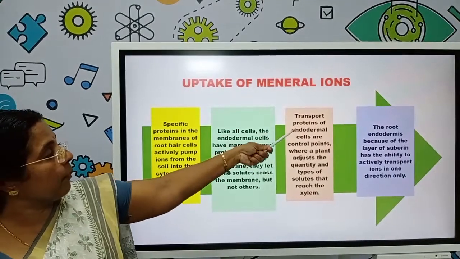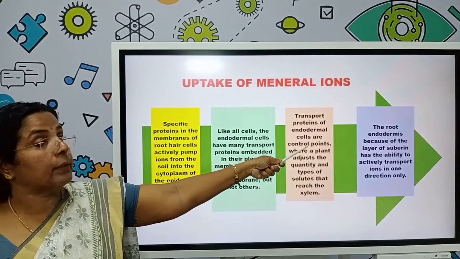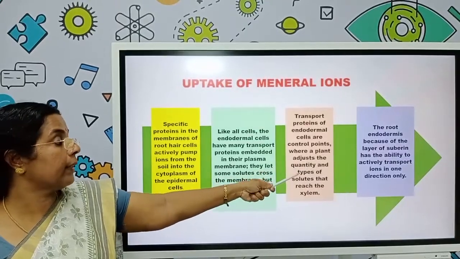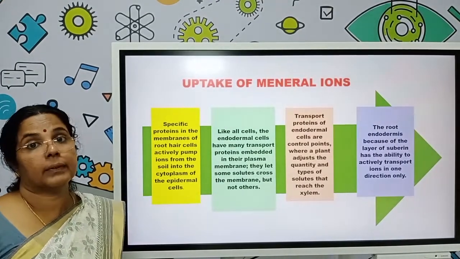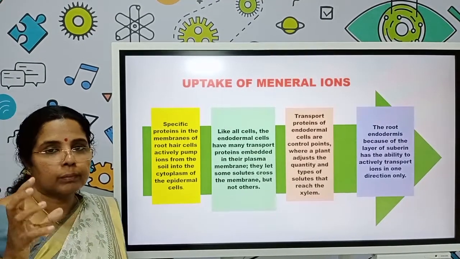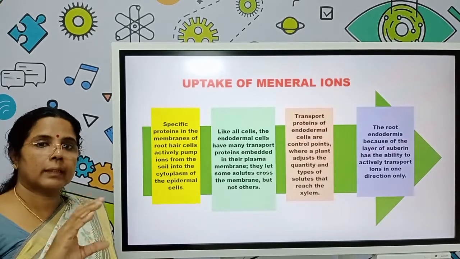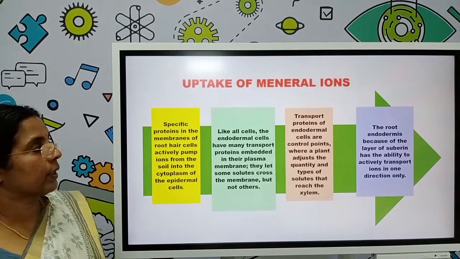So the transport proteins of the endodermal cells are control points, where a plant adjusts the quantity and type of solutes that reach the xylem. Which ions are needed and which are not can be controlled in the endodermis, where the transport proteins are.